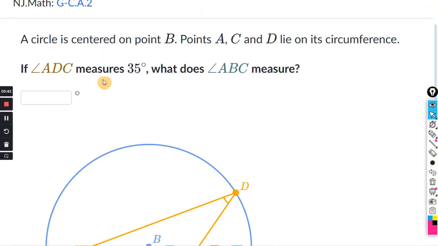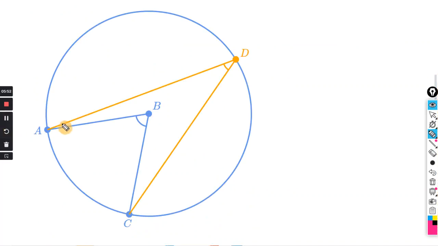Angle ADC is 35. What does ABC measure? Let's label ADC as 35 degrees, and ABC is going to be X degrees.